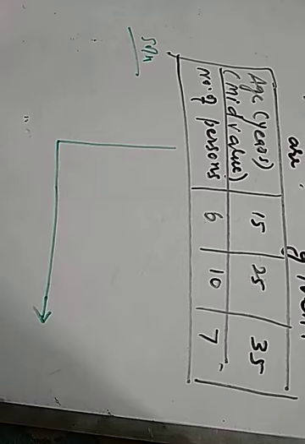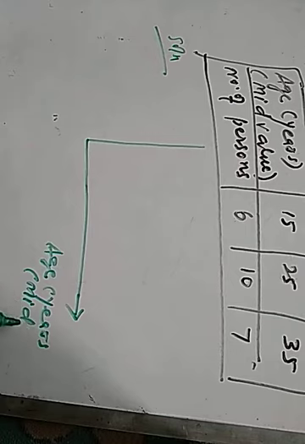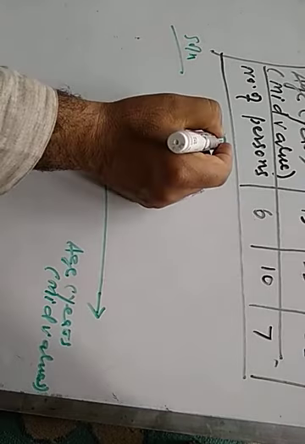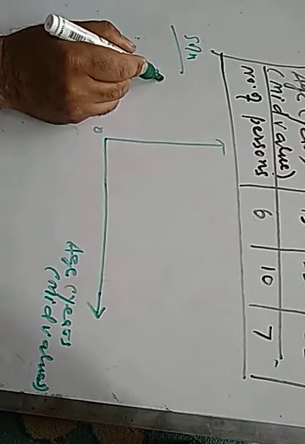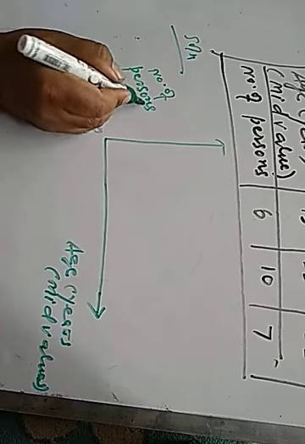On horizontal axis, we will take the value of variable, that is age in years, which is given in the form of mid values, and on vertical axis we will take number of persons.